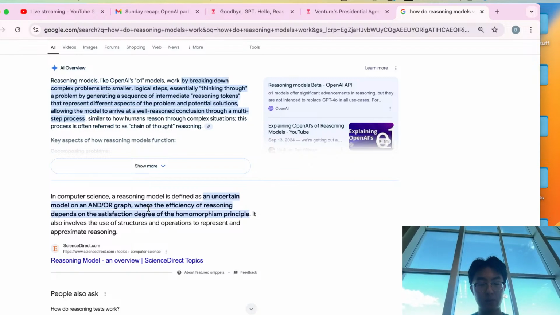So these reasoning models use something called a reasoning token.